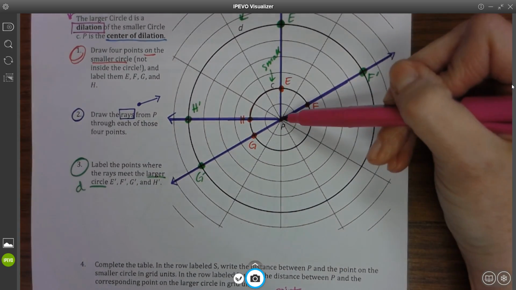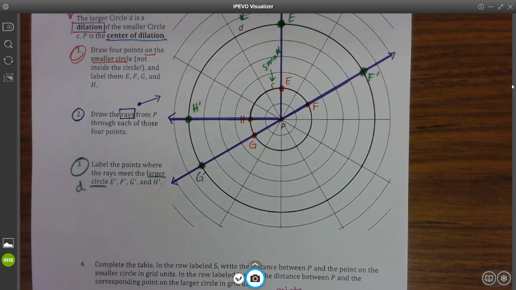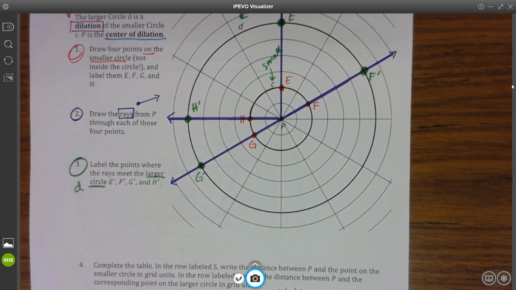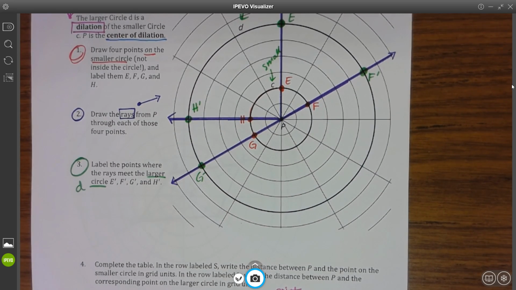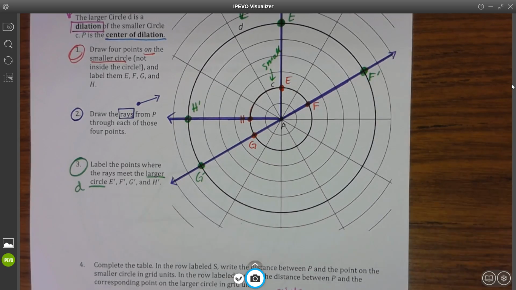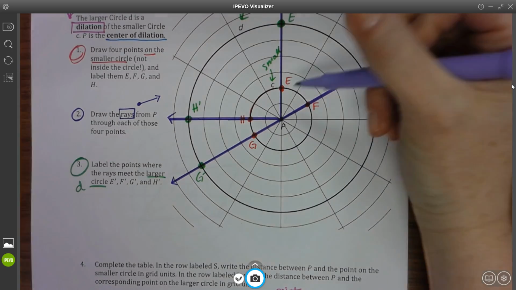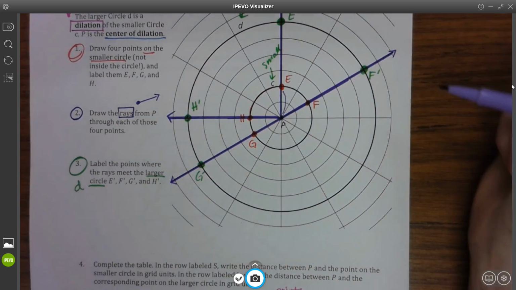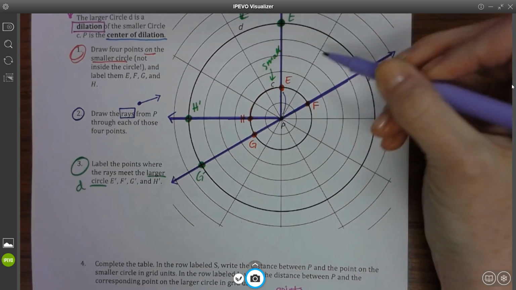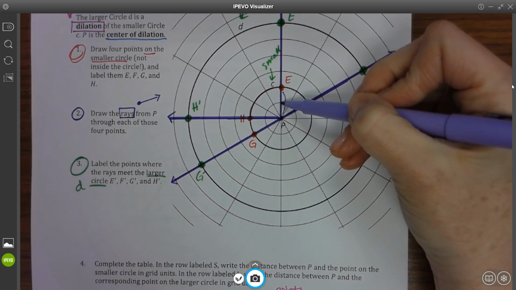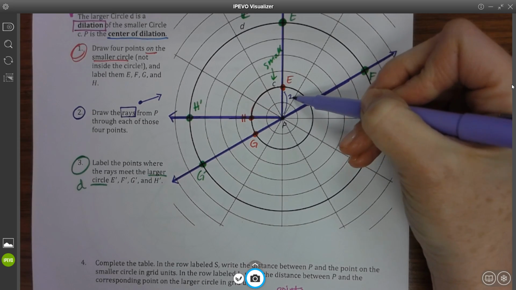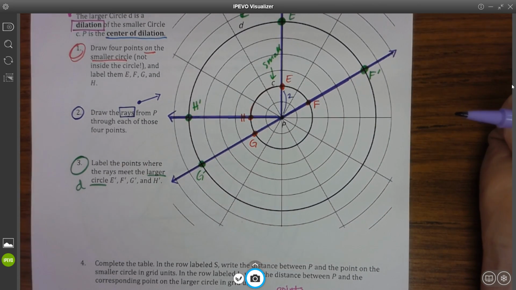Okay, so from P to E, how far is our distance? So from P to E, now when we count distance, we're counting circles. So it's 1, 2. Right? Do you see how that's 2?